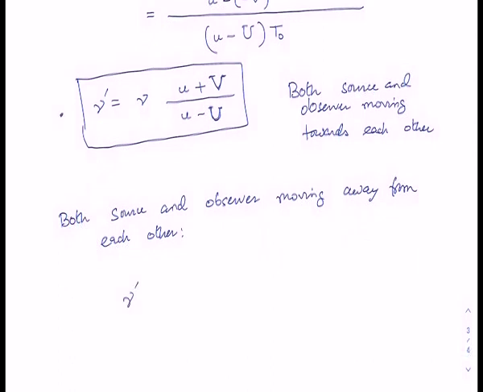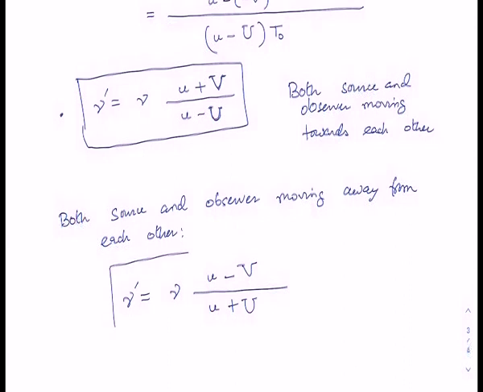So it would turn out to be nu dash, the frequency as measured by the observer, would be the frequency of the source into, this would be velocity of sound, u minus the velocity of the observer, and this would be u plus the velocity of the source, okay.